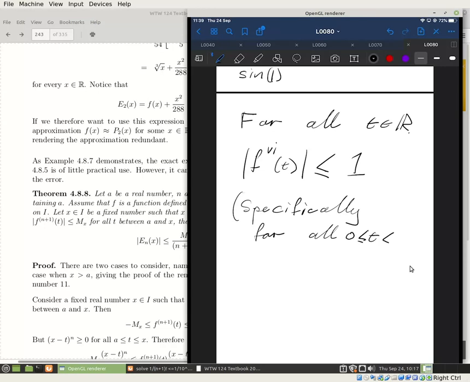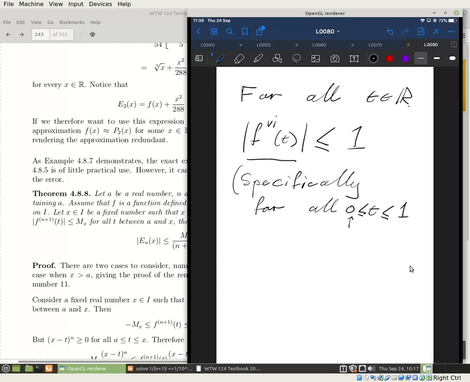What are we interested in? We are interested in the values of the derivative between 0 and 1. Why 0 and 1? Because we have our Taylor polynomials computed about 0, and we are interested in the value of our function at 1.